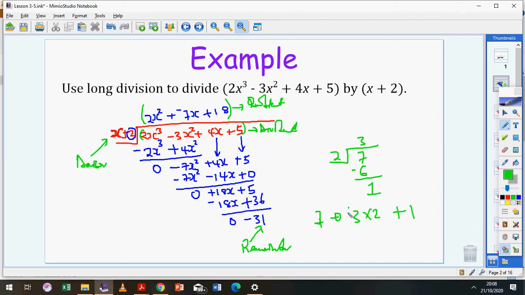That's one way I can write 7. So just thinking of how I can write this expression here, I can write this expression as the divisor times the quotient plus the remainder, which is negative 31.